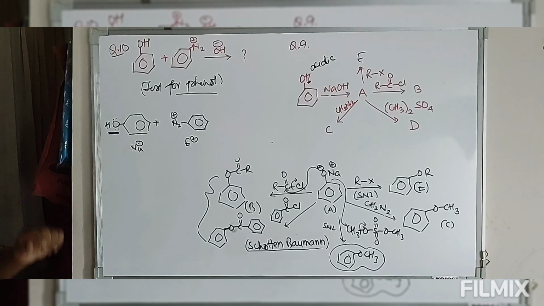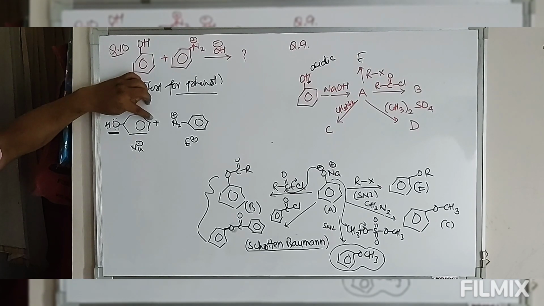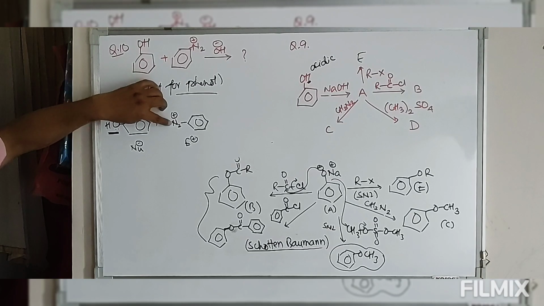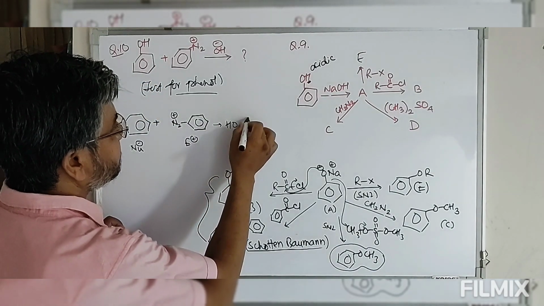Due to resonance, electron density is increased at the ortho and para positions. Due to symmetry, the para position attacks this electrophilic nitrogen. This gives you this compound.